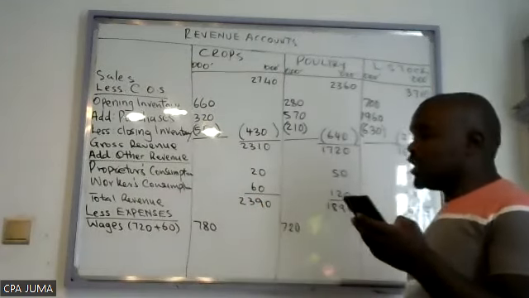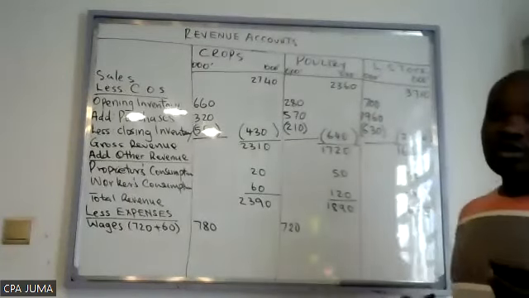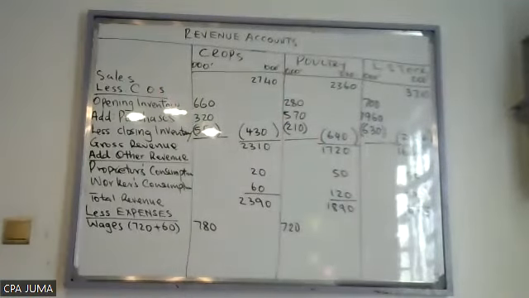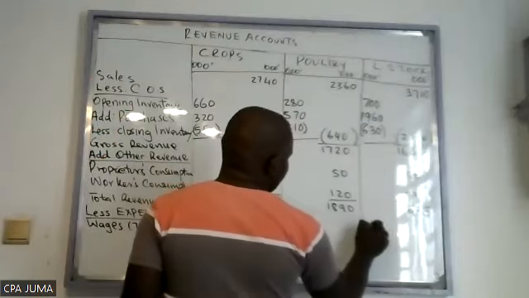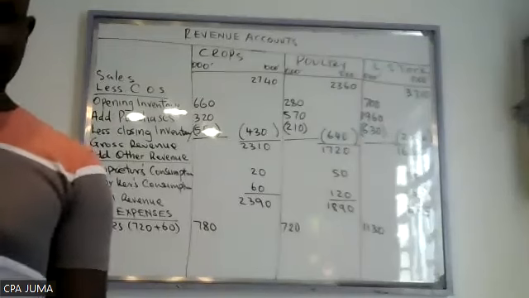Livestock, I'm seeing 960, so 960 plus 170. 960 plus 170 is how much? You should think. 1130. 1130.